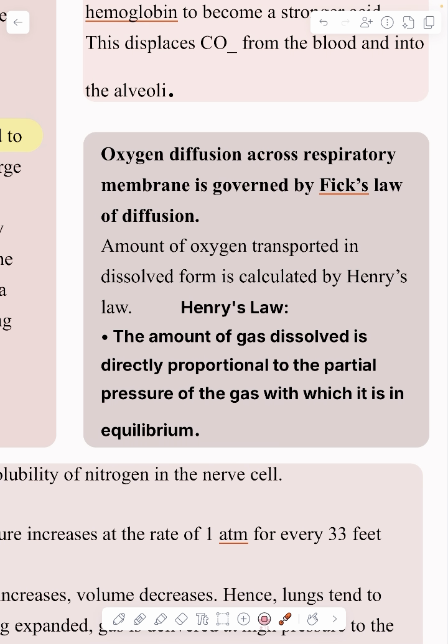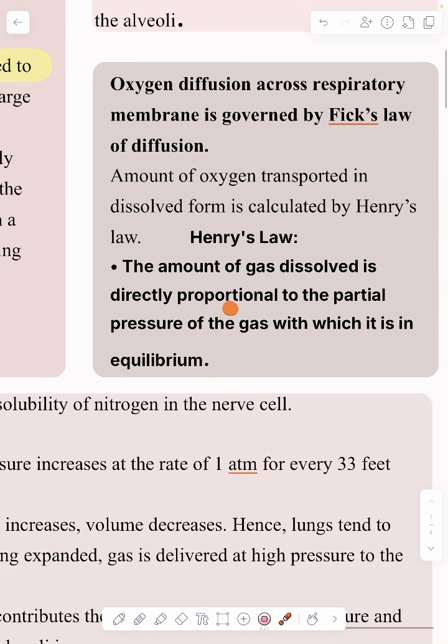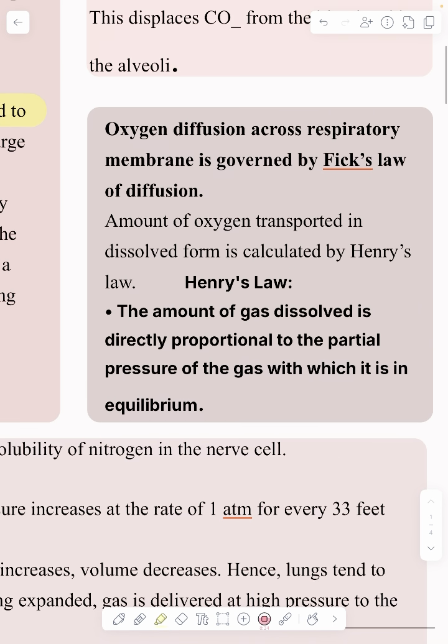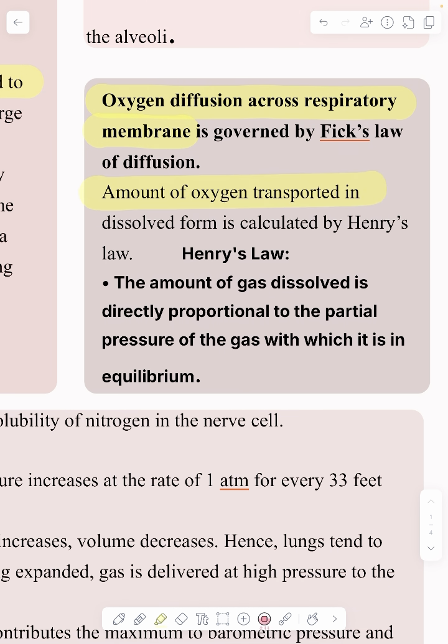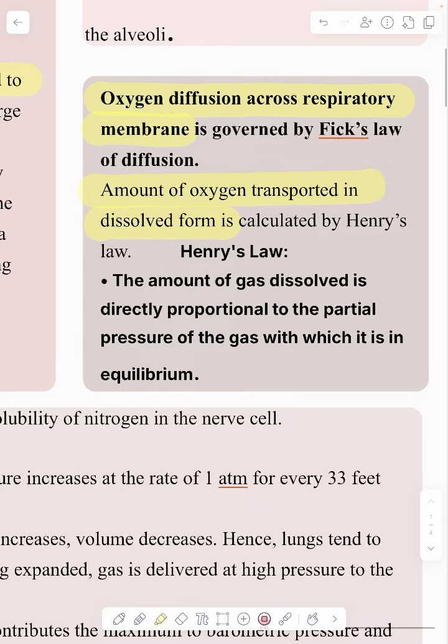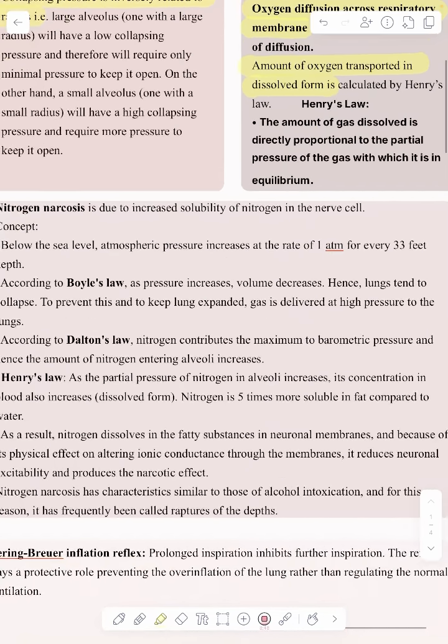The amount of oxygen transported in dissolved form is calculated by Henry's law, which says that the amount of gas dissolved is directly proportional to the partial pressure of the gas with which it is in equilibrium. So these are the two laws: the first one is oxygen diffusion across the respiratory membrane, which is governed by Fick's law, and the second is the amount of oxygen transported in dissolved form, which is calculated by Henry's law.